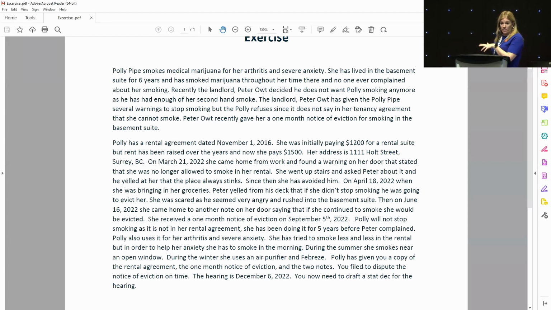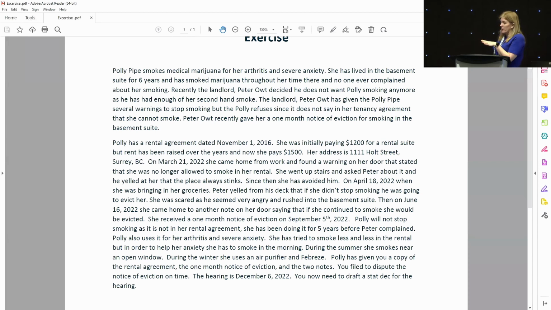You might want to do that. Say, okay, this is what I'm doing to purify the air. Sometimes the landlords say the neighbor said something when they didn't. Maybe the neighbor is friendly to you, so you might get a statutory declaration from them saying they don't actually care about this kind of stuff, or that they don't see this happening, or they don't have any issues. You're going to, of course, go through each one of those things.